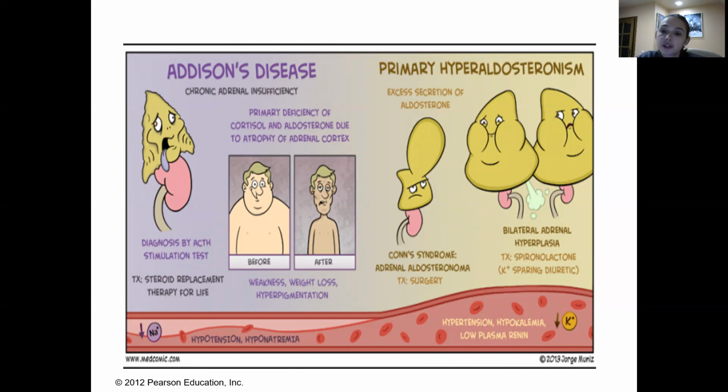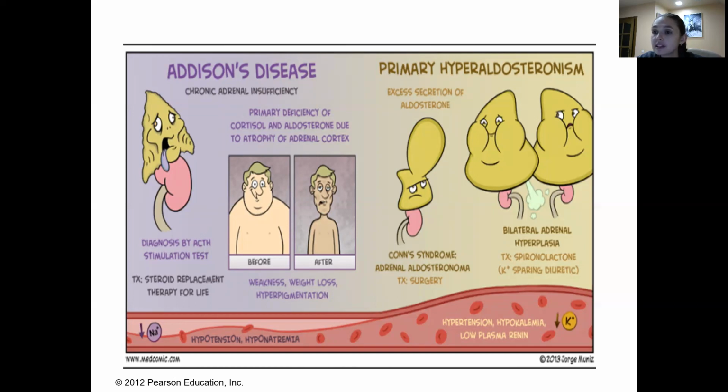Another, opposite situation is primary hyperaldosteronism, during which we have increased production of aldosterone. As a result, reabsorption of sodium is going to happen, and besides this we will receive increased excretion of potassium.